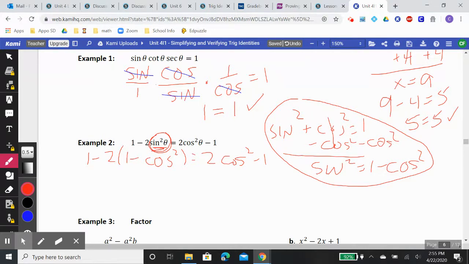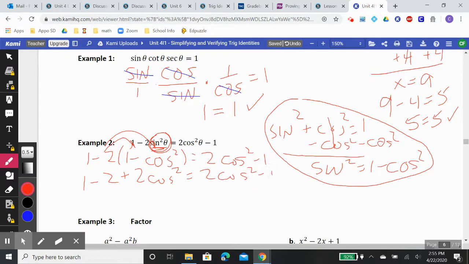Let's do a little math. I can't do 1 minus 2, that's not the right order of operations. I have to distribute negative 2. If I distribute the negative 2 to 1, I get minus 2. Then if I distribute the negative 2 to negative cosine squared, doesn't that give me plus 2 cosine squared? And again, what is that supposed to equal? It's supposed to equal this.